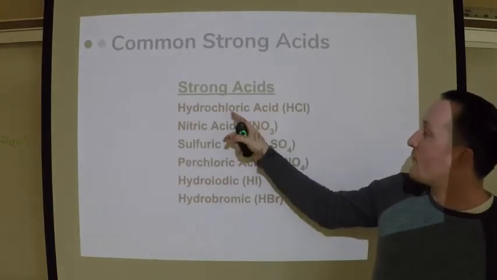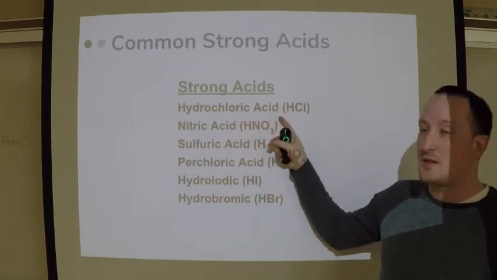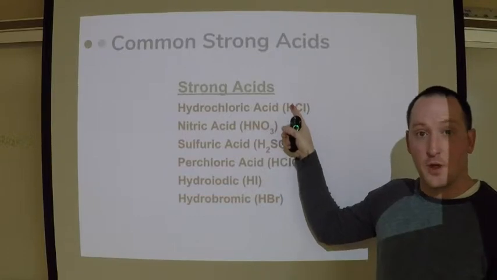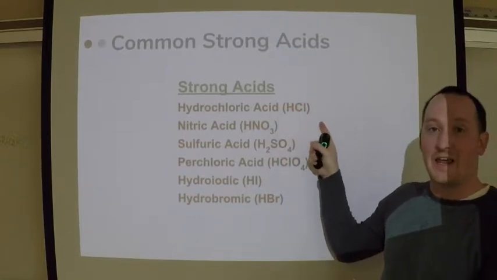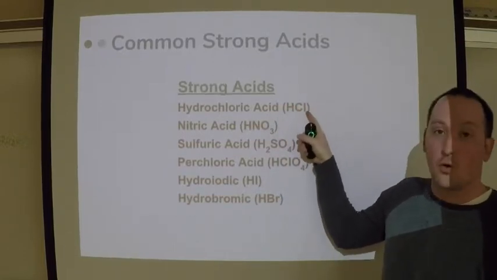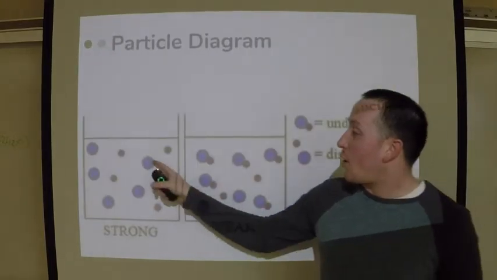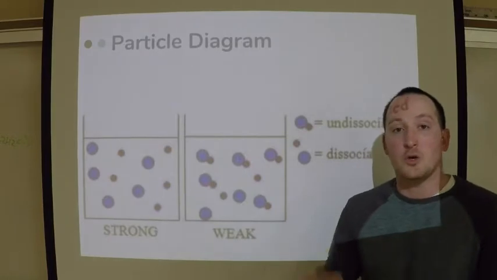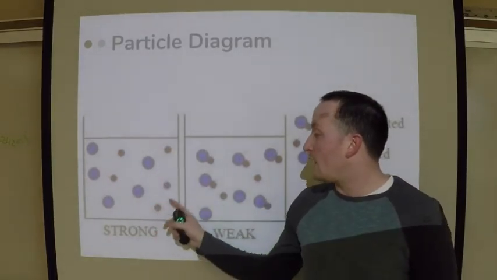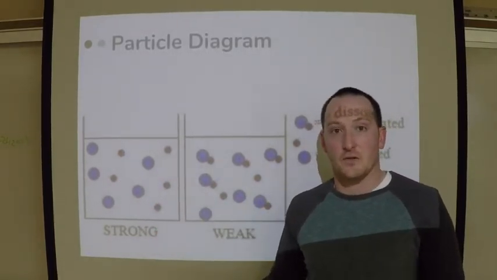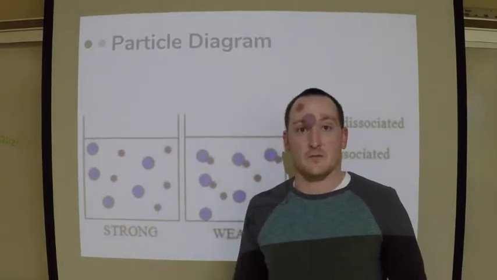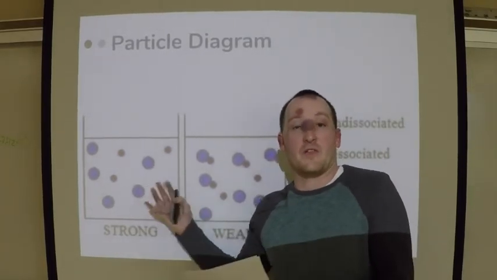Remember, every acid is going to have a cation, which is the H plus. Then it's going to have the anion, which in this case is chloride. So all of these blue circles would be Cl minus. On your drawing, I want you to draw these red dots as H plus, and these blue dots as Cl minus. Okay, that's what it would look like.